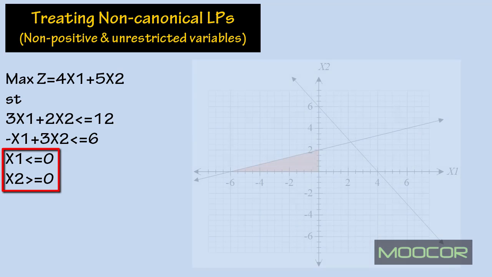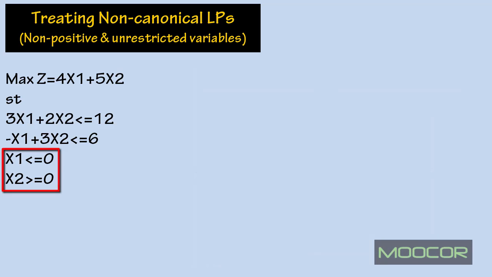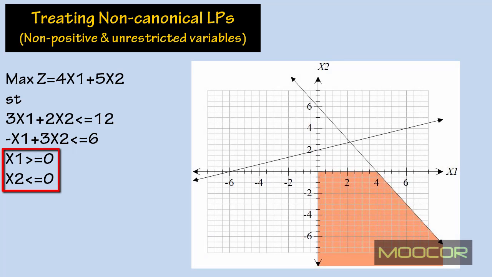in the objective function. In this case, I have changed x1 from greater than or equal 0 to less than or equal 0. You notice that the feasible region totally changed. There's nothing from the previous one in here. In this case, now I have kept x1 greater than or equal to 0, but I have changed x2 to less than or equal 0.